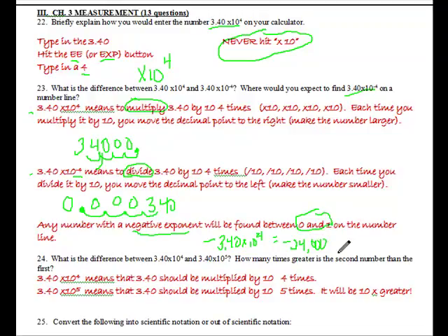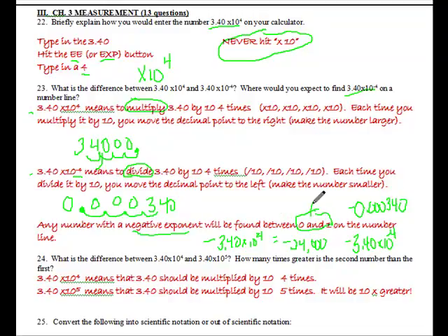So it would be on the negative side of the number line. If it was negative 3.40 times 10 to the negative fourth, then it's going to be between 0 and 1 on the negative side. It's going to be negative 0.000340.